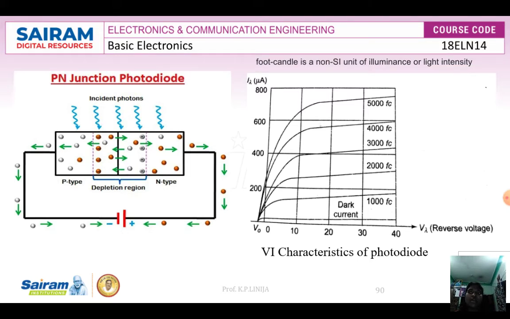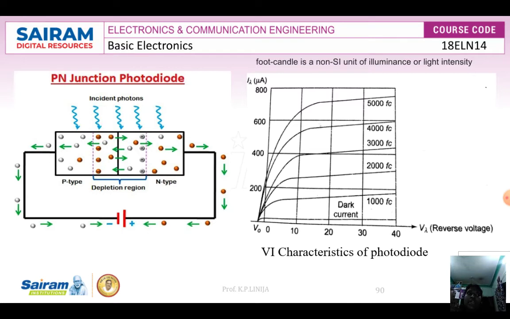Whenever the minority carriers increase, the reverse current also increases, and that we call photocurrent. We can also say that the more the light intensity, the more the number of electron hole pairs, and the more the photocurrent. Okay, this is the circuit operation, how the photodiode is working.